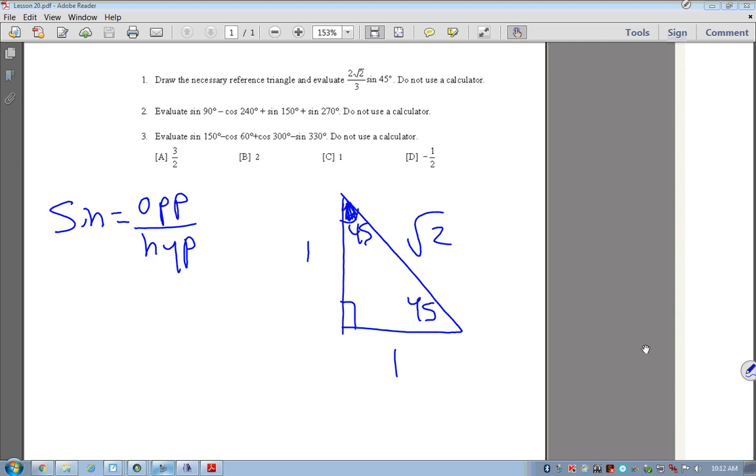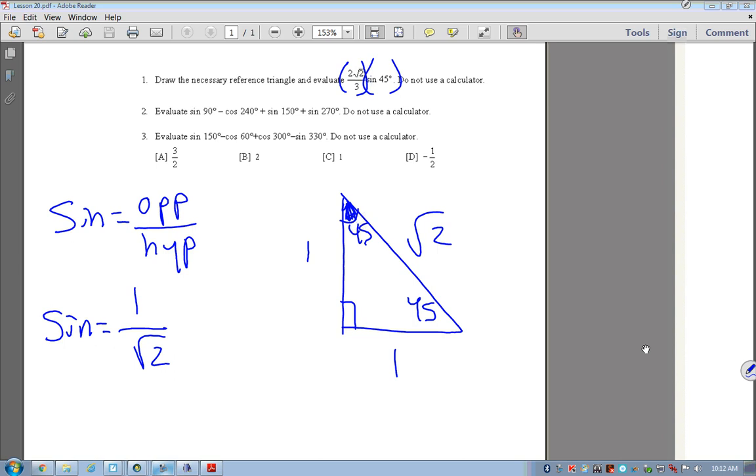What's opposite? 1. Opposite over hypotenuse. What's my hypotenuse? Radical 2. So what they're showing me here is 2 radical 2 over 3 times sine 45 degrees.